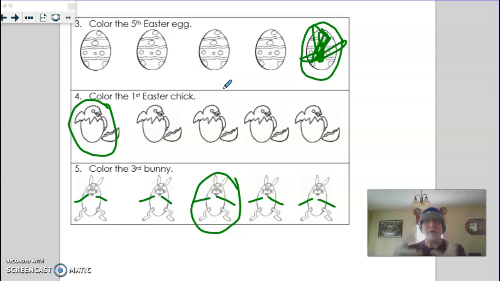But it doesn't really tell you where they're at. It just tells you how many you have altogether. Ordinal numbers, the ones we're talking about today, tell us where something is in line. And that's why they're important, because if I said, go get the fourth piece of candy in line, you would need to know which one that is. I hope that makes sense.